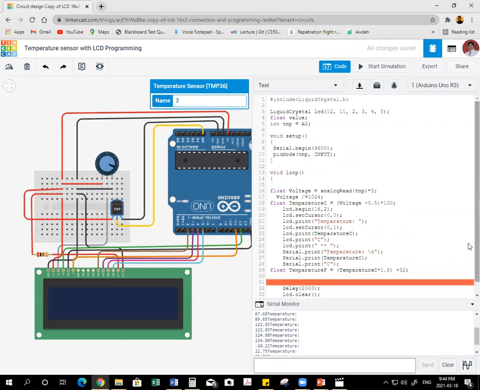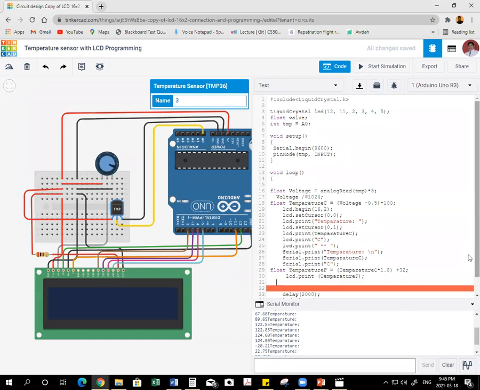Now the same we have to copy: LCD print and F and everything. Okay, LCD dot print. You have to print here only the temperature. No need of heading. temperatureF. Close this, semicolon. Again we have to print the units.